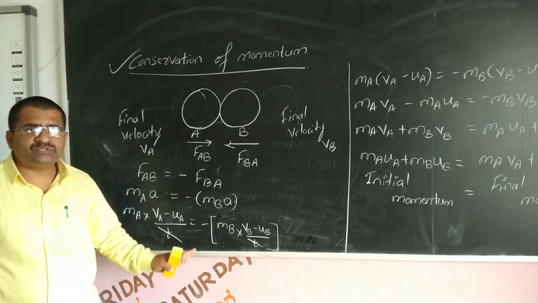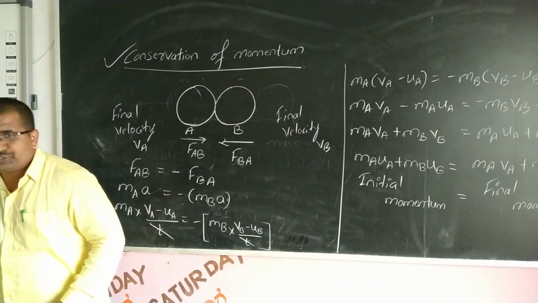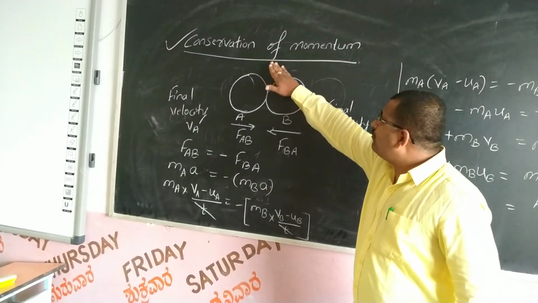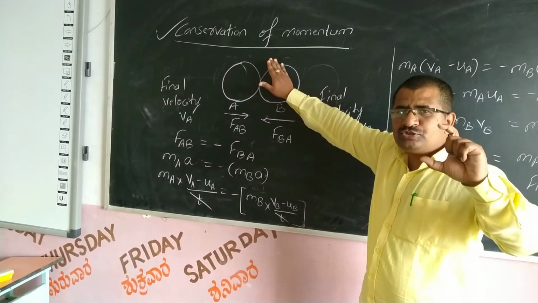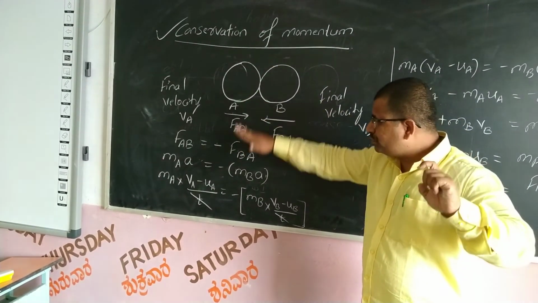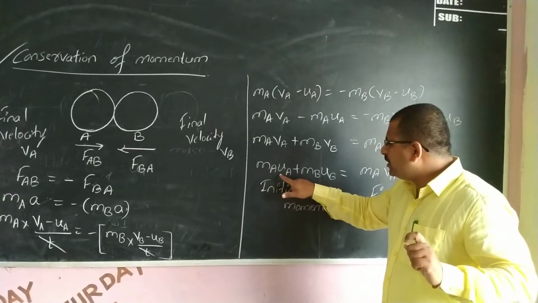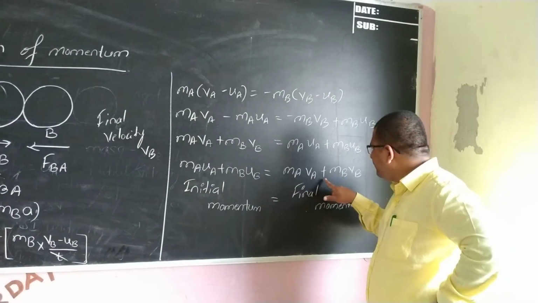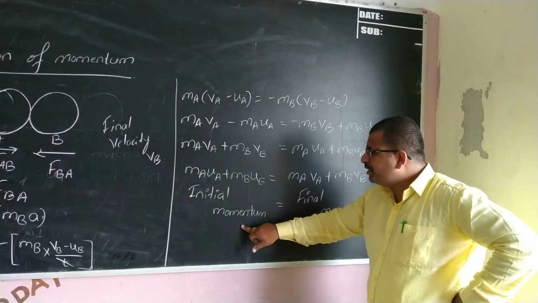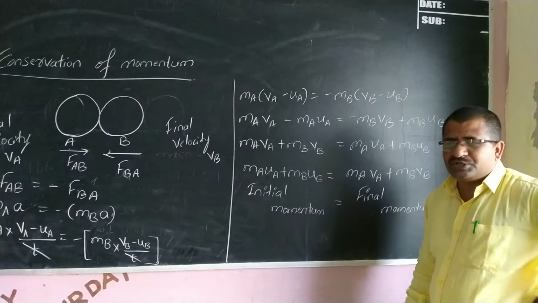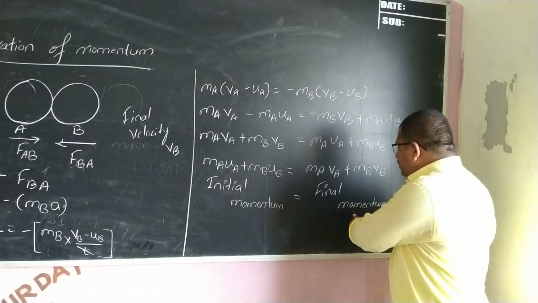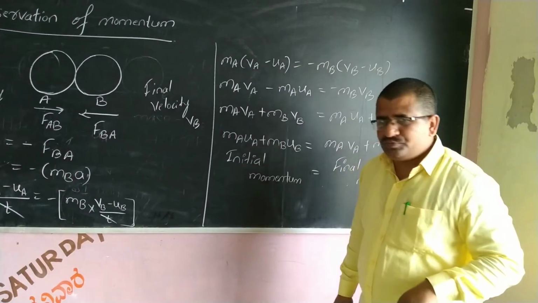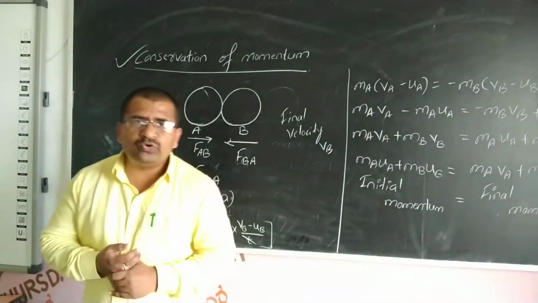This is a very important expression, and you have to be perfect with the statement of the law of conservation of momentum and be able to derive the expression mA uA plus mB uB is equal to mA vA plus mB vB. The initial momentum of the two objects is always equal to the final momentum after collision.